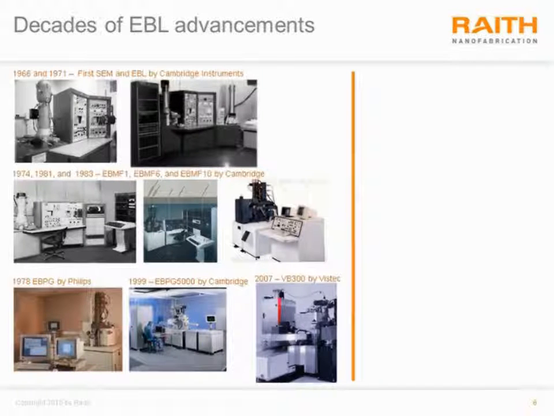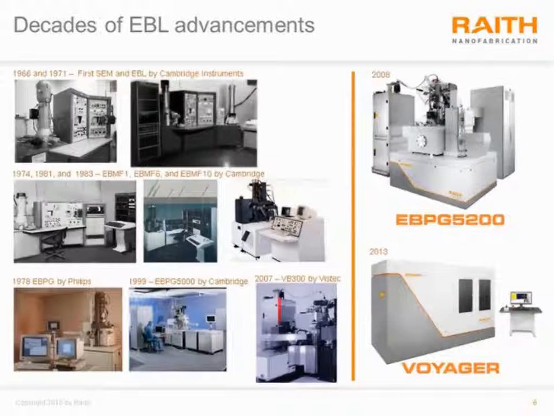The instruments have gotten more and more accurate, have achieved higher resolutions, covered larger areas, gotten more automated, gotten more reliable, and have gotten faster. And nowadays, Raith is currently manufacturing several different models of electron beam lithography instruments, including the EPBG and Voyager systems that are shown here.